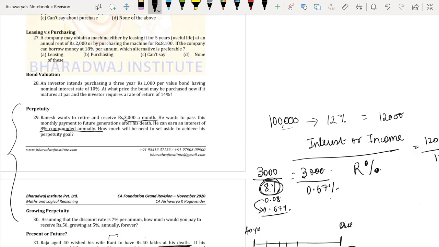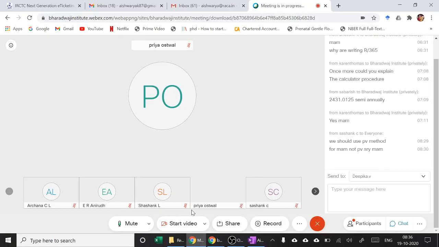So 3,000 divided by 0.67 will give you the value. When you take it as a percentage, it is 0.67. Without the percentage, it is 0.0067. Of course, you should use the decimal point. It depends on how you're calculating. If you want to use the percentage button on your calculator, see, I'll show you here.